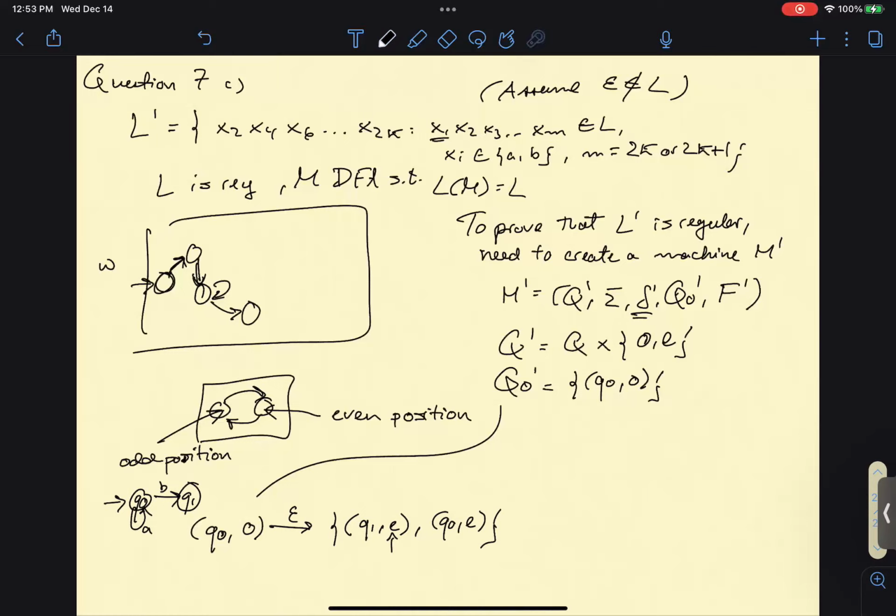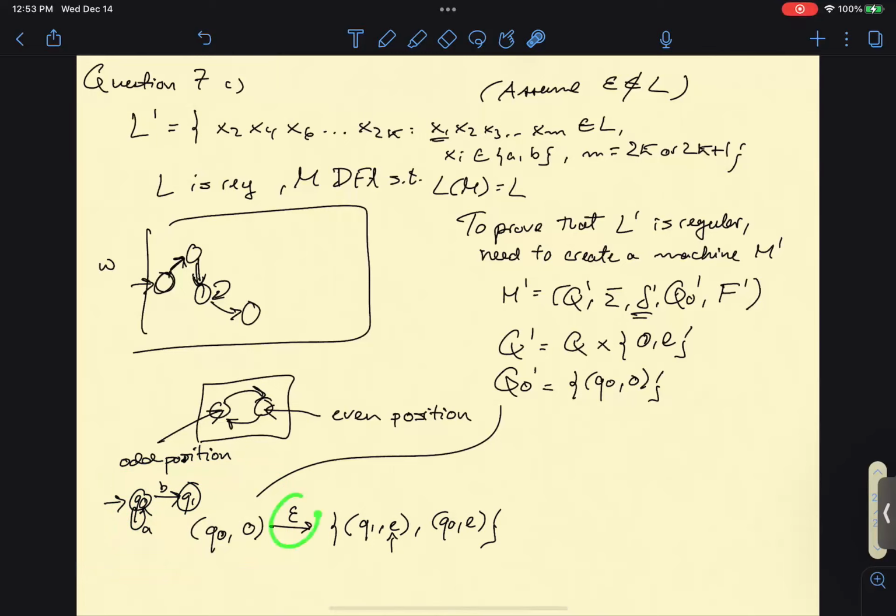Suppose M had something like this, where Q0 was the initial state and Q1 was some other state. From Q0 with an A, you go to Q0, and from Q0 with a B, you go to Q1. So that's what I'm doing here.